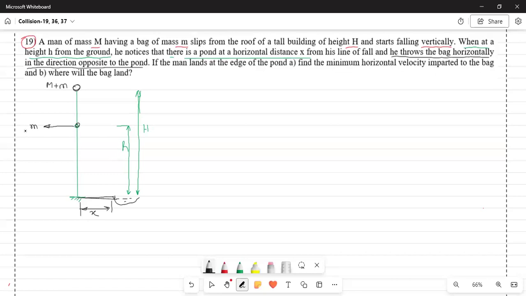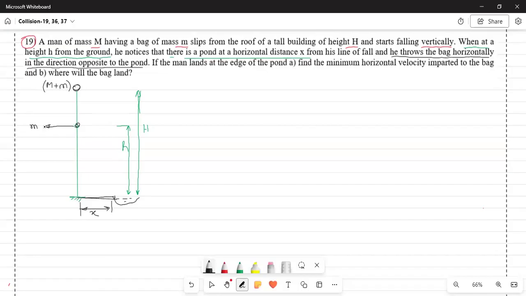Now, the problem is not very difficult. You can consider that a body of total mass M plus m is broken into two parts.